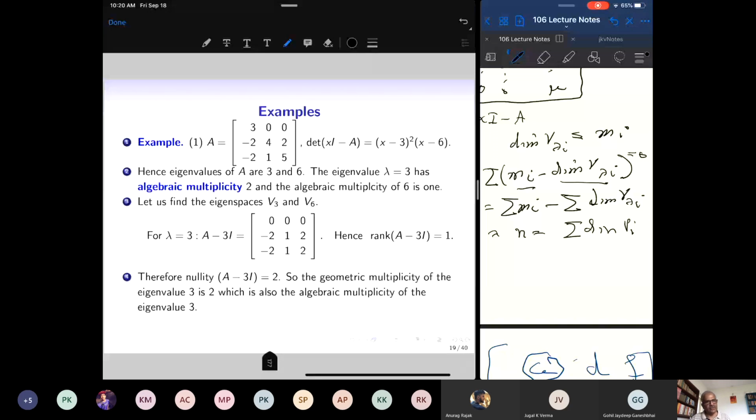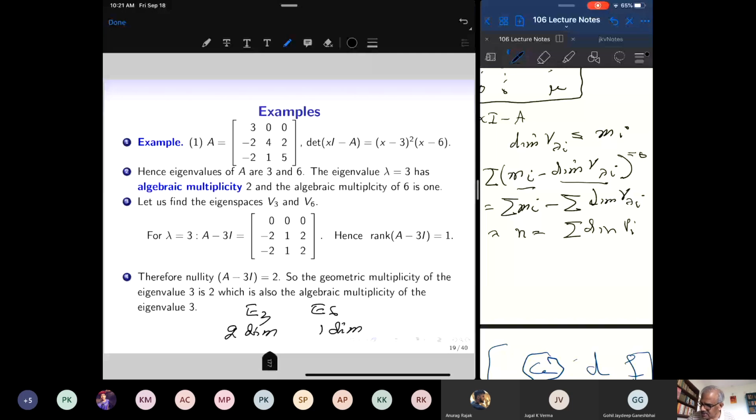There are 2 eigenvalues, and for each one the geometric and algebraic multiplicities are equal, and therefore this matrix is diagonalizable. How to find a basis of eigenvectors? Well, I have E3 and I have E6. E3 is of dimension 2, and E6 is one dimensional.